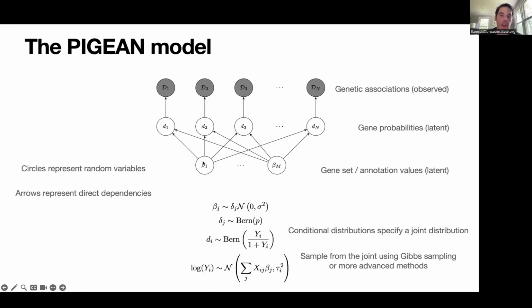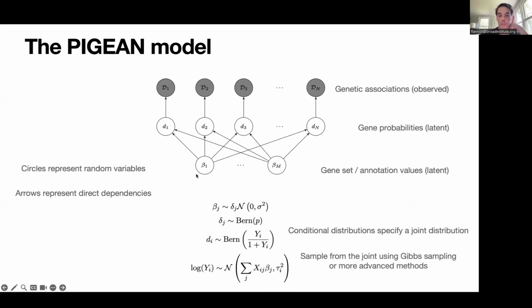Then we have circles for each annotation, and the annotations have values that correspond to the extent to which they increase the probability that the gene's involved in disease. I think that's somewhat intuitive: you say, I think this gene has a 5% chance of being involved in disease. Now I've observed this annotation, and it increases or decreases my probability by some extent.